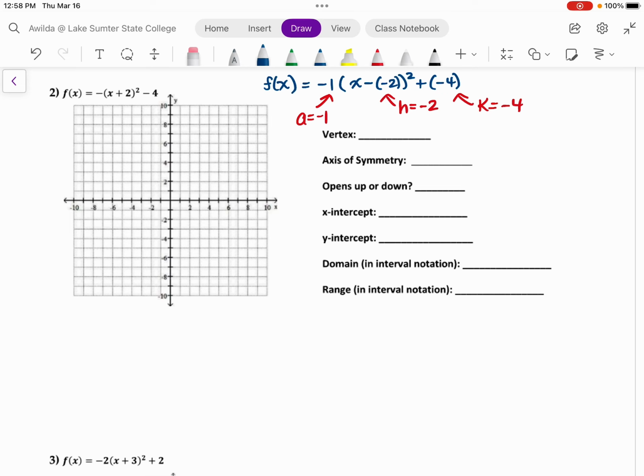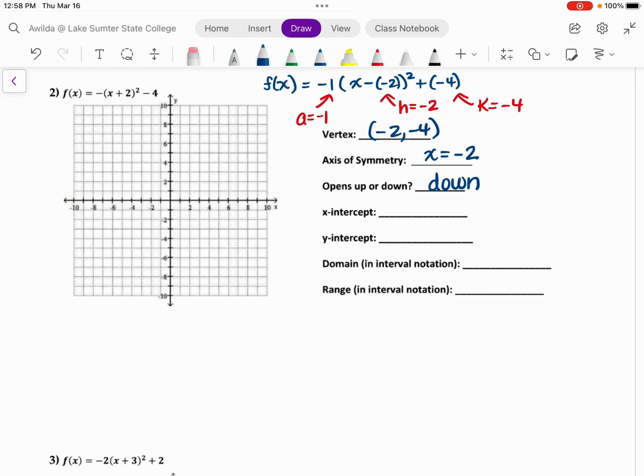That means that our vertex is at the ordered pair (-2, -4). In this case, the axis of symmetry is the vertical line x equals -2. Because a is negative this time, the parabola will open down.